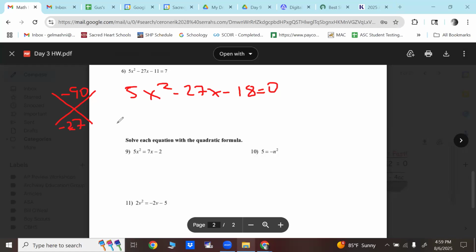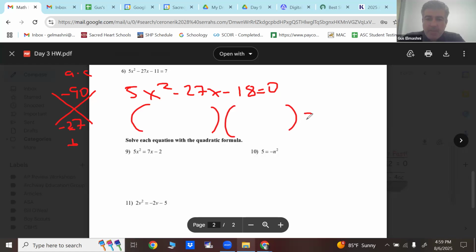I'm going to grab my calculator. So you always do a times c up top and b on the bottom. You have to get 0 on the other side because we're looking to factor it. Because once you have it factored, you want each factor equals 0 because any times 0 is 0. So you've got to find two numbers that multiply to -90, but add to -27.